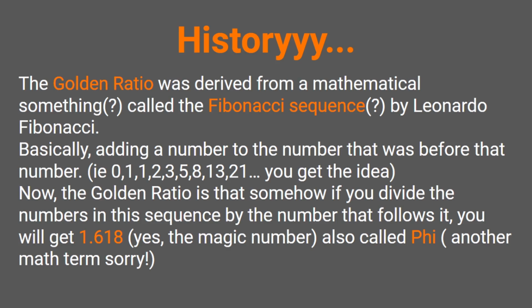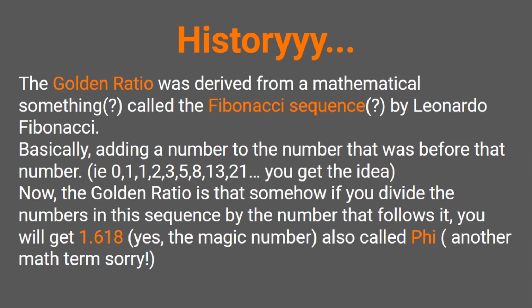Now, the golden ratio was derived from a mathematical formula called the Fibonacci sequence by Leonardo Fibonacci. Basically, it is adding a number to the number that was before it. For example, 0 plus 1 is 1, 1 plus 1 is 2, 2 plus 1 is 3, 3 plus 2 is 5.